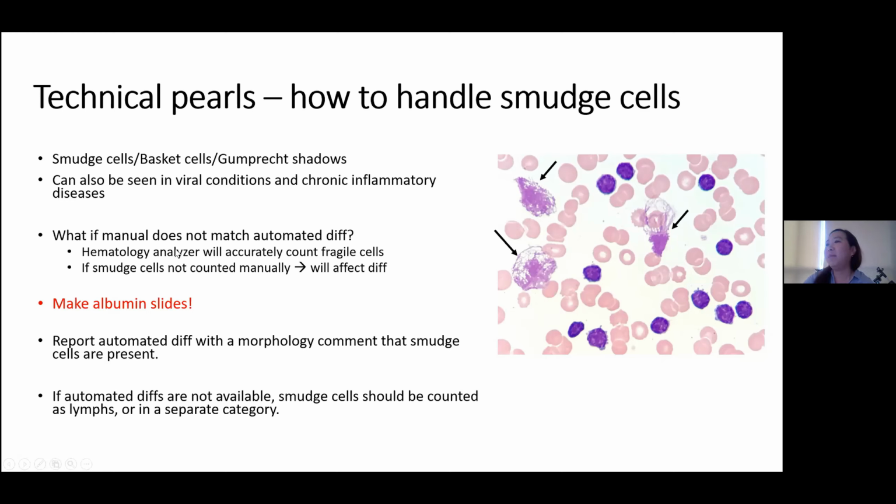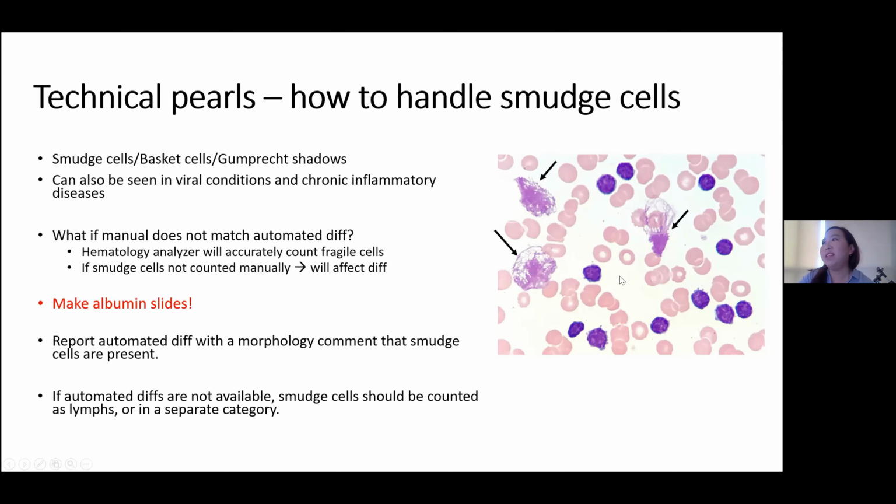Your hematology analyzer will only see these as cells. But when you actually make the slide manually, this is where the cells are smashed and squashed, and it makes smudge cells. So if you don't count these smudge cells manually in your slide diff, then you will have a discrepant manual and automated diff.